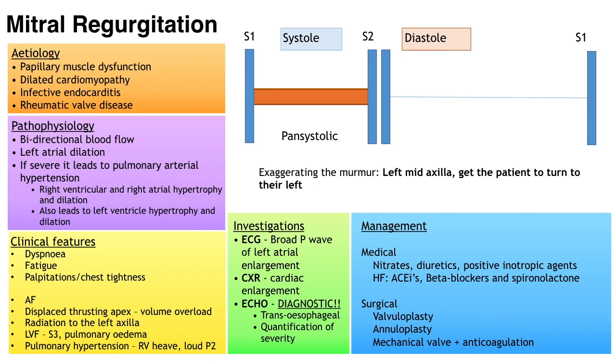In terms of management, acute mitral regurgitation, the patient needs to be stabilised first. This may be by nitrates, diuretics and positive inotrope agents, and they'll go for surgery where they'll have either a valve replacement or repair. In chronic mitral regurgitation, asymptomatic patients may be put on ACE inhibitors and beta blockers.